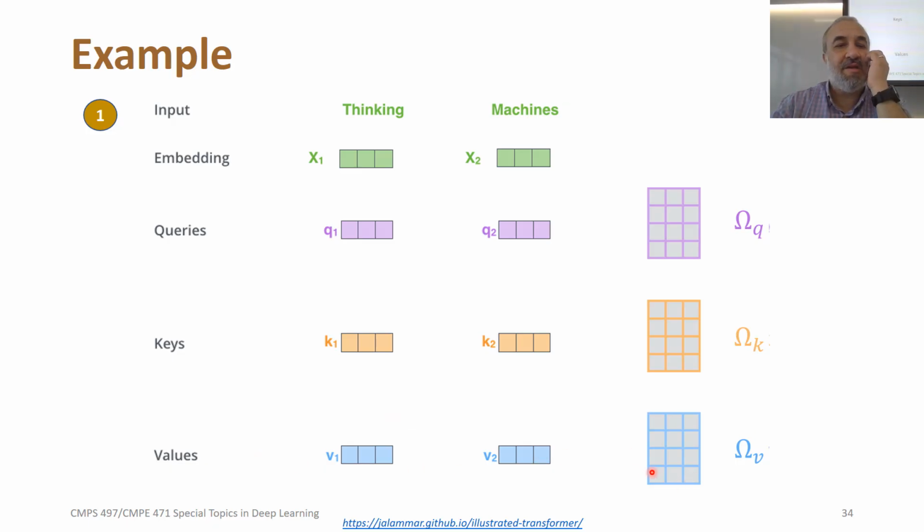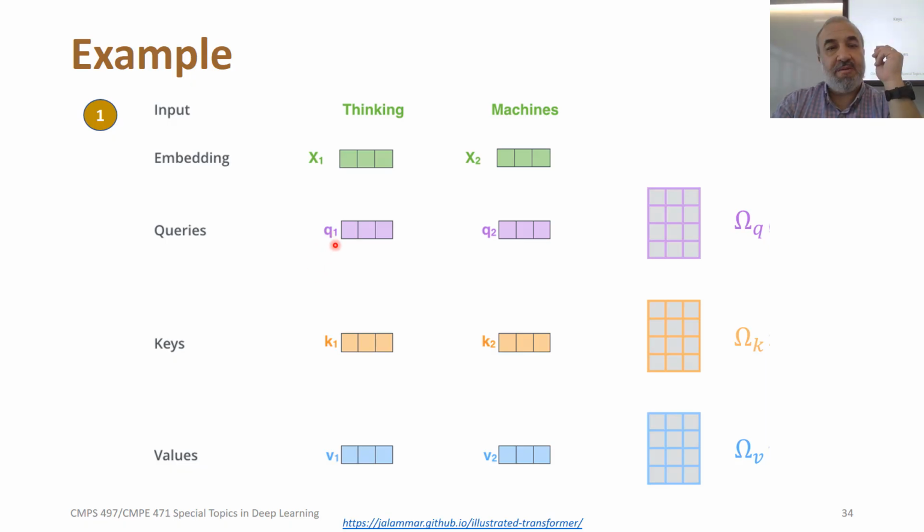Now I want to compute the attention weights of x1. What should I do? Tell me the name of the vector. All the vectors have names here. Q1.